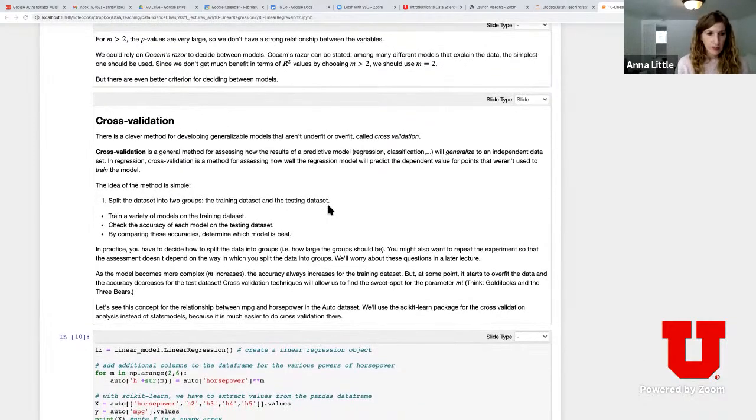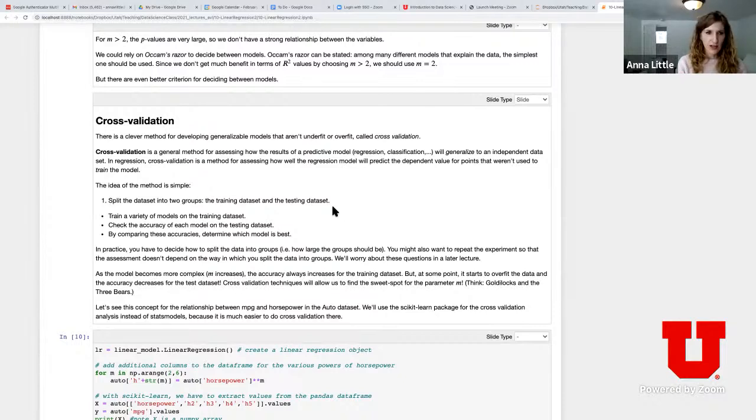You're going to split the data into 2 groups, a training data set and a testing data set. Then you train a lot of different competing models on the training data set. You could try 1st degree polynomials, 2nd, 3rd, 4th, 5th.